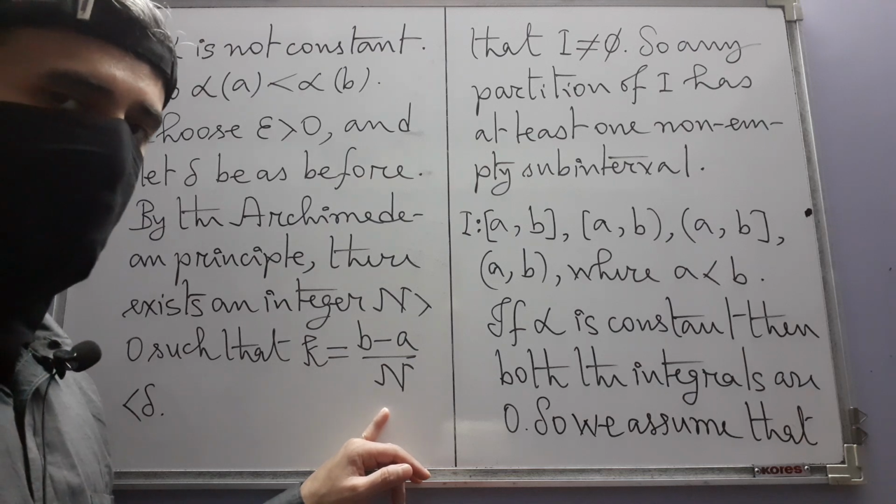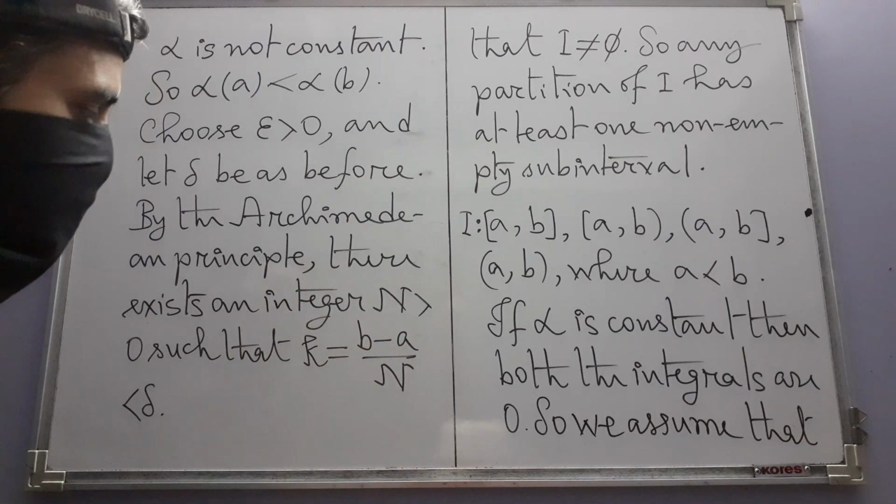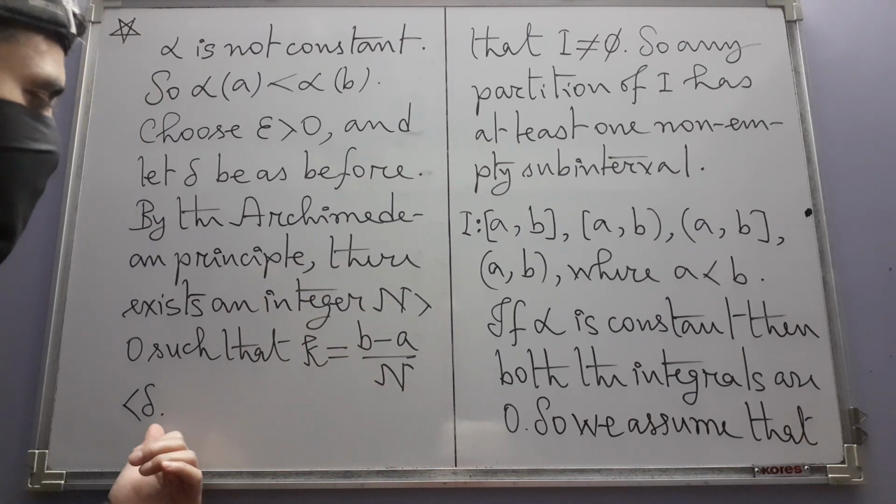N can be chosen large enough, you already know these techniques, so that this becomes less than delta.